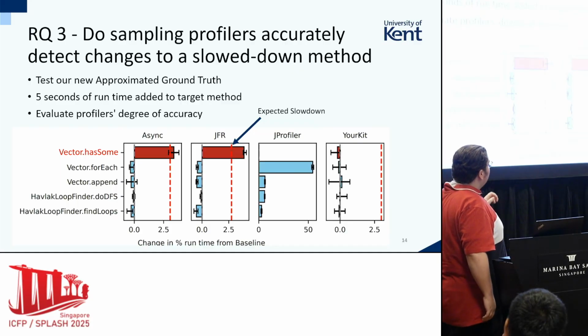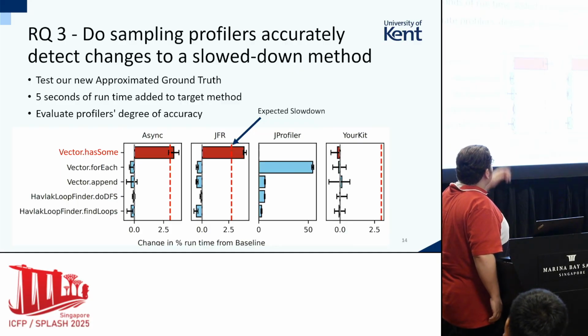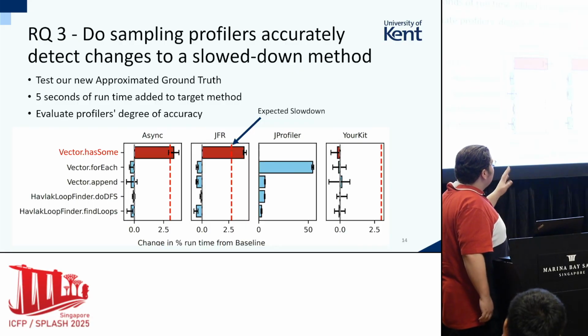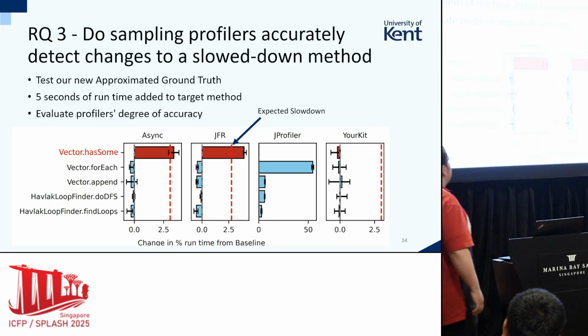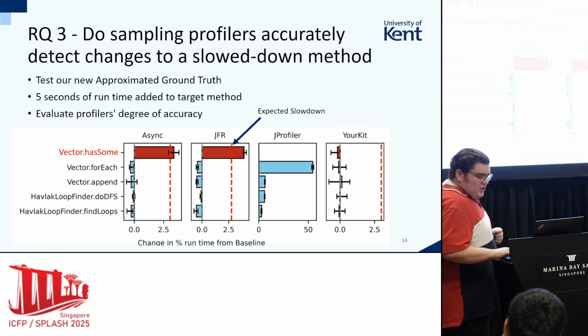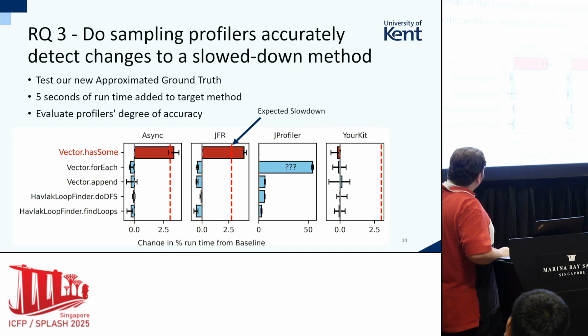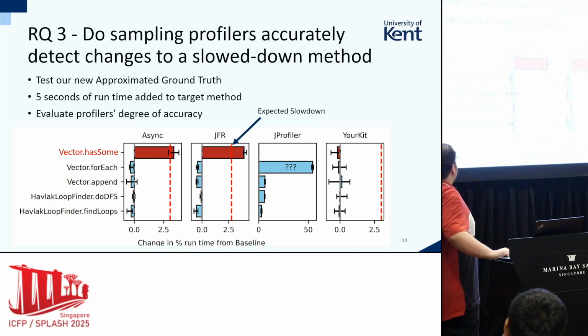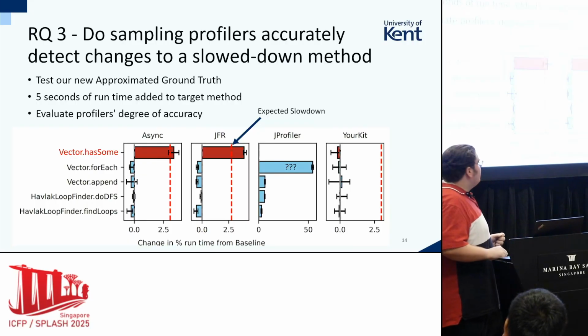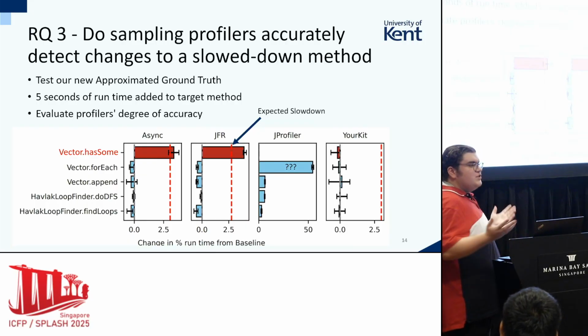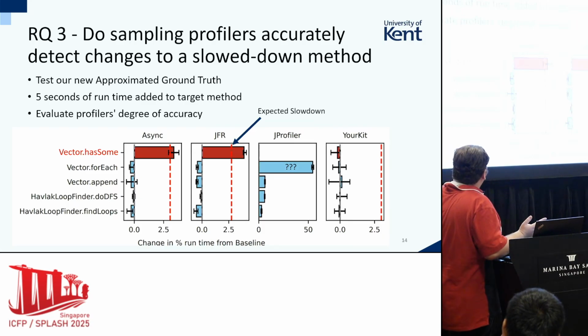Async and Java Flight Recorder have identified correctly that vector.hasSum has increased in its runtime, and Async's definitely within our prediction, and Java Flight Recorder is a little bit off, but it's definitely close to our prediction. JProfiler has not detected any increase in runtime in vector.hasSum, and instead has completely changed the result and has decided that vector for each is now slower, even though we didn't slow it down.